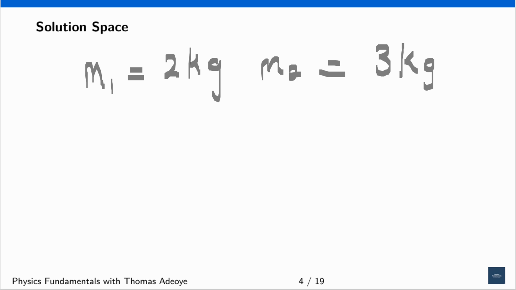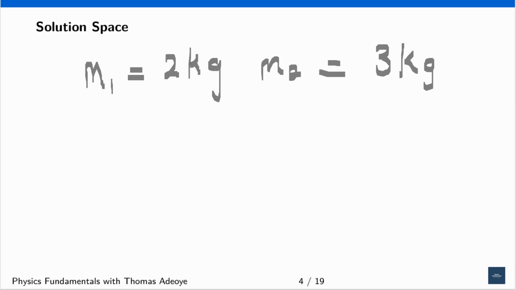Or if they ask you what is the sum of m1 and m2, it is just as simple as 2 plus 3, and you would get 5.